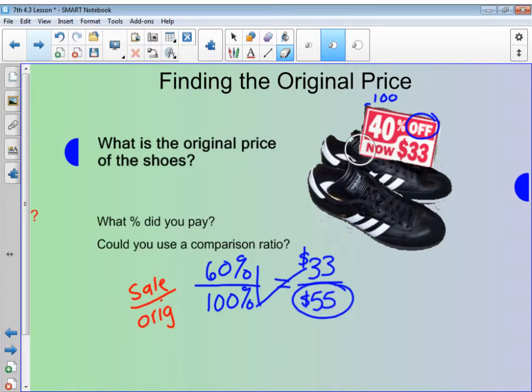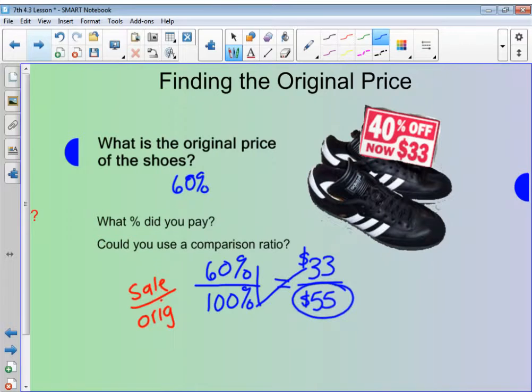The other method that you could have used here, like I said, the proportion is very visual and very easy to understand. You could have also said, 33 is 60% of what number?